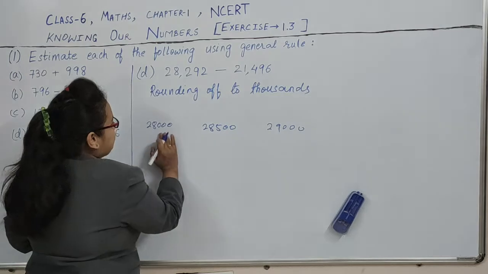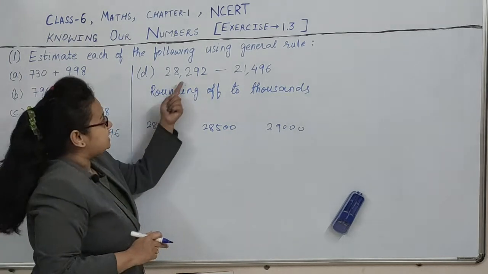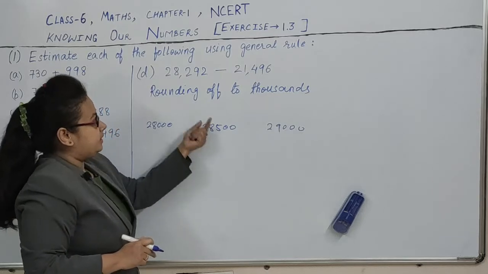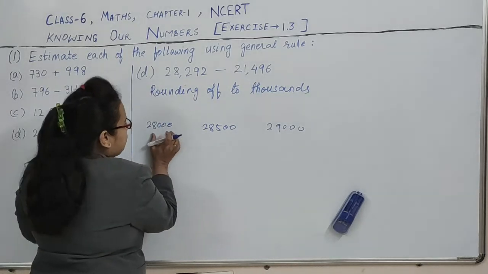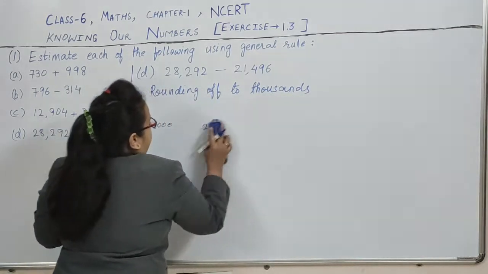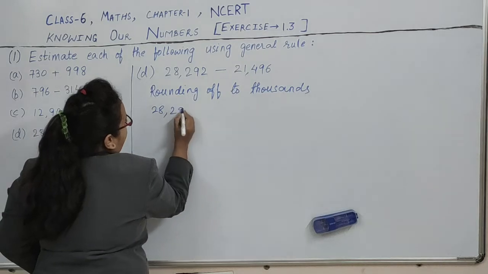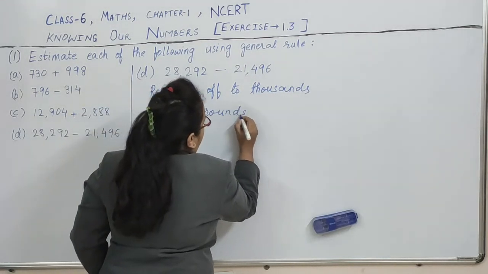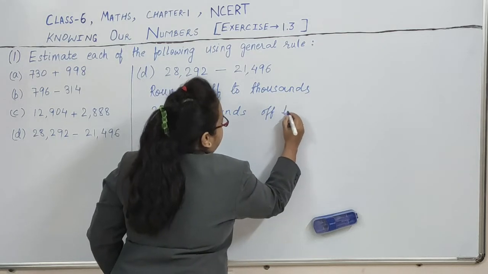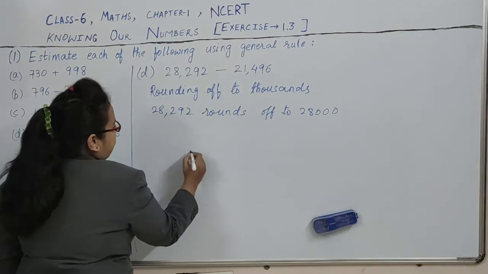But this number is closer to 28,000, so 28,292 rounds off to 28,000.